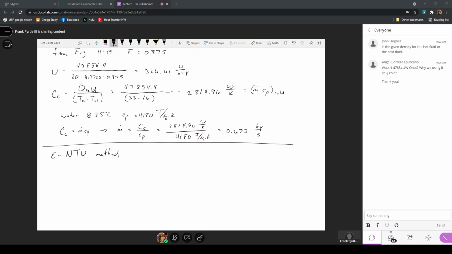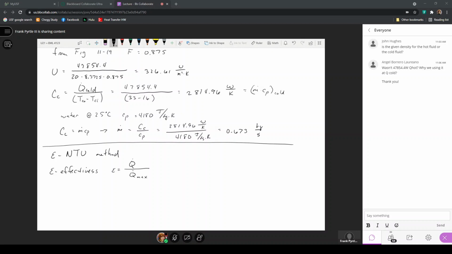And here, the effectiveness and the number of transfer units are two quantities that are defined for the use of this particular method. The effectiveness here is defined as the heat transfer rate, that is the heat that's either lost by the hot fluid, gained by the cold fluid, and exchanged between the two fluids, divided by Q dot max.